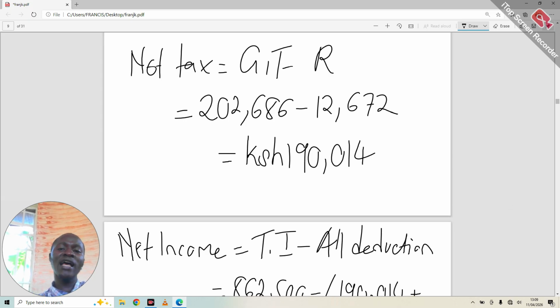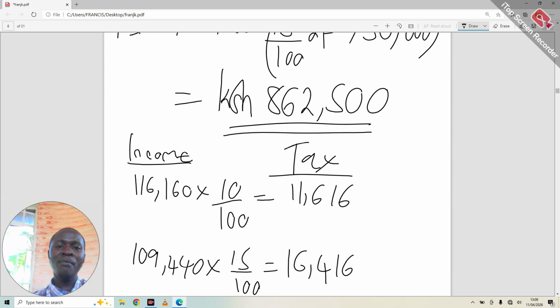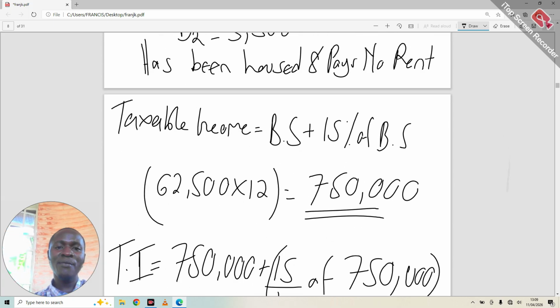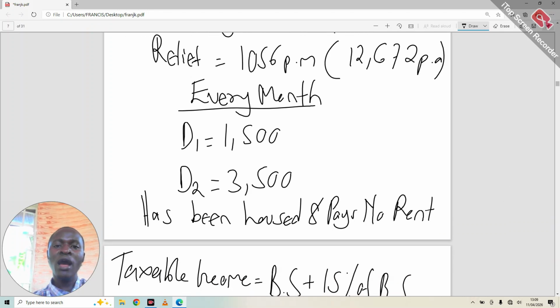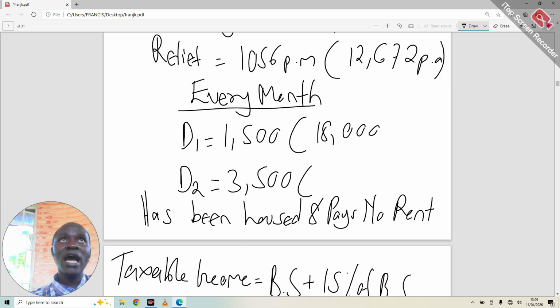Now let's add the other deductions. Remember, we had them. We had already noted them down. And remember, they were deducted monthly. So that 1,500 being deducted annually will be 18,000.